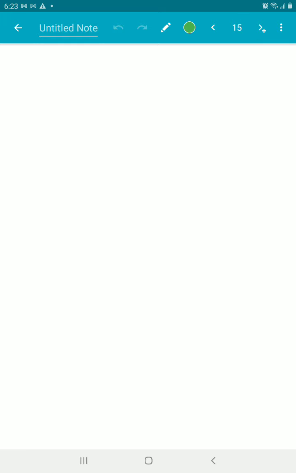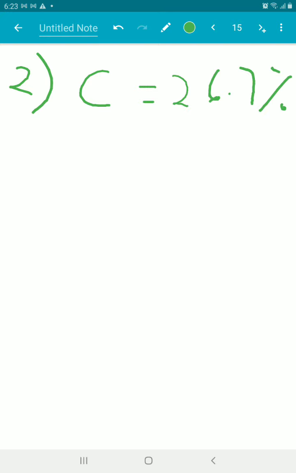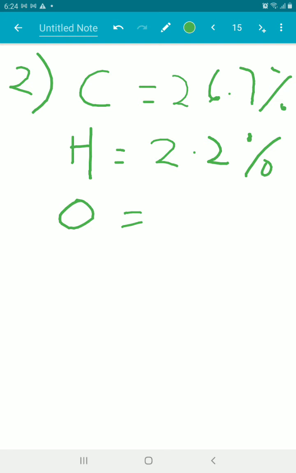Question number 2. Given the percentage of carbon is 26.7%, the percentage of hydrogen is 2.2%, and the percentage of oxygen is 71.1%.